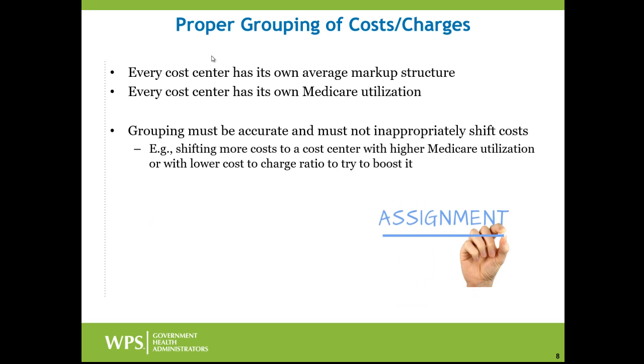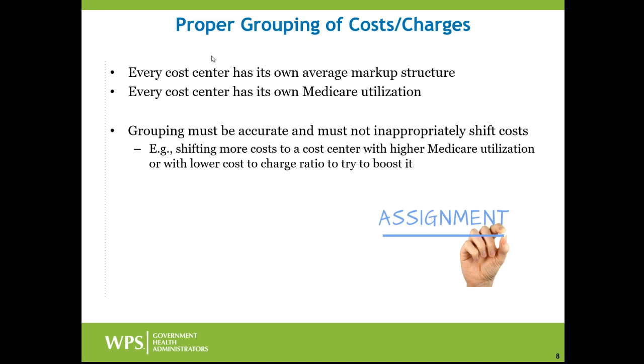So the reason grouping is so important is that every cost center has its own average markup structure. Every department has its costs that it's been incurring, and it has prices that it's set based on historical data, an expected amount of profit perhaps, things like that. Every cost center also has its own Medicare utilization. Now, of course, Medicare reimburses their share of the costs directly or indirectly.